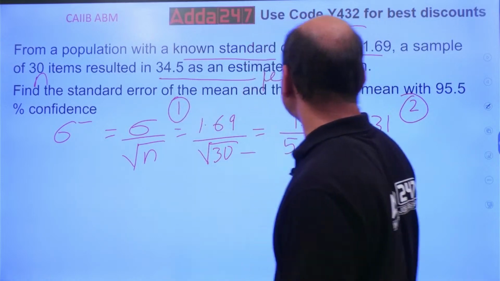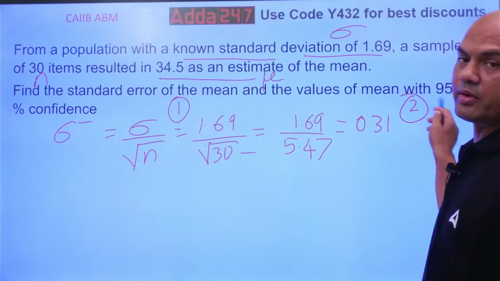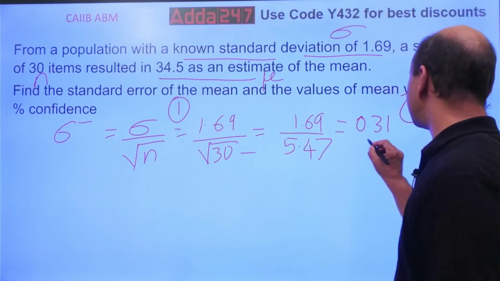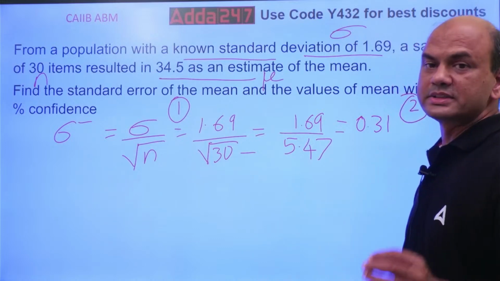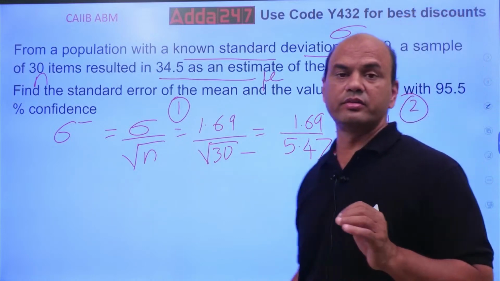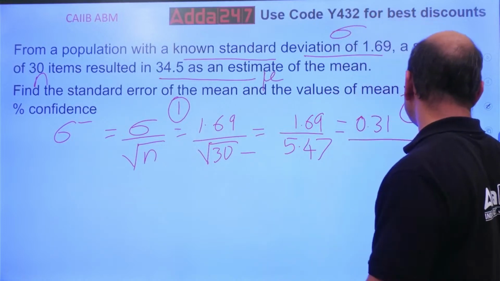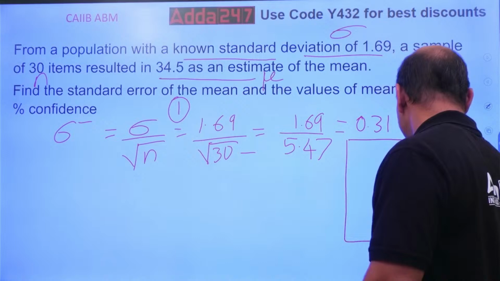Now what is the next question? Values of the mean with 95.5% confidence. Now what is 95.5? For this I'll show you the standard values of the confidence level. Kindly note this, everyone pay attention.